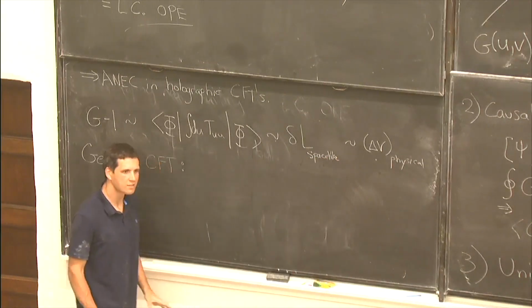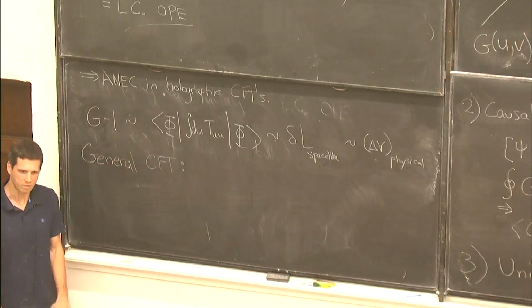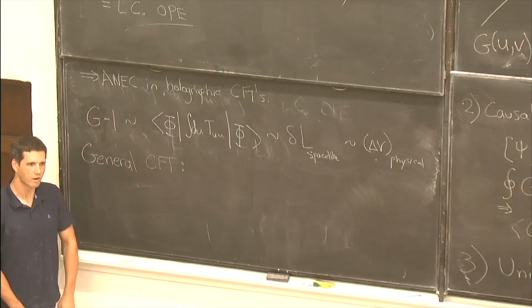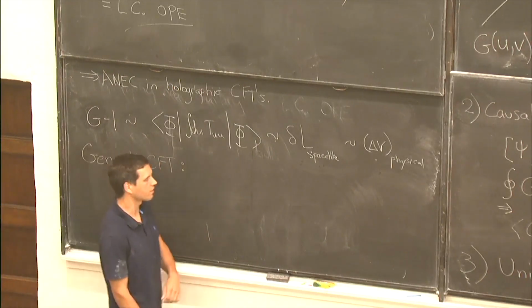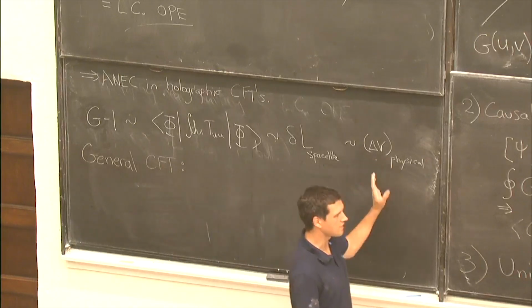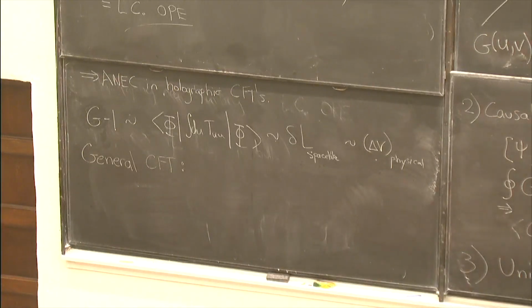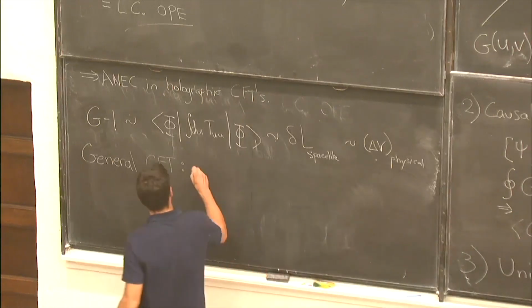But in a CFT, I don't know how to make that argument. From a non-holographic point of view, I don't know how to make a similarly easy argument where you send a signal and get the same delta V. I don't know how to do that as a CFT argument.